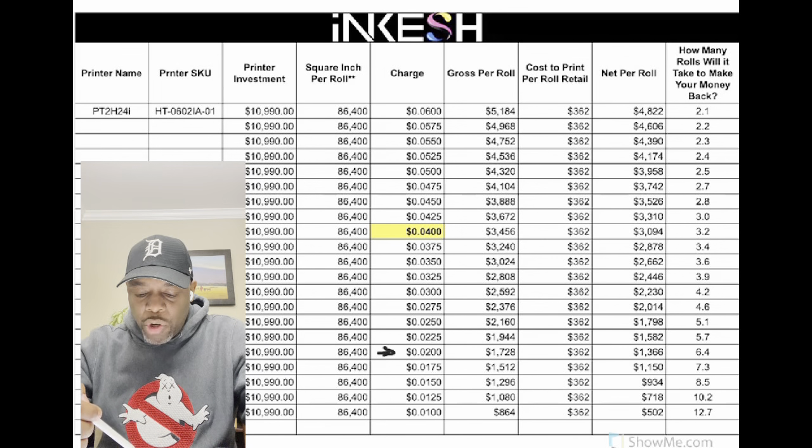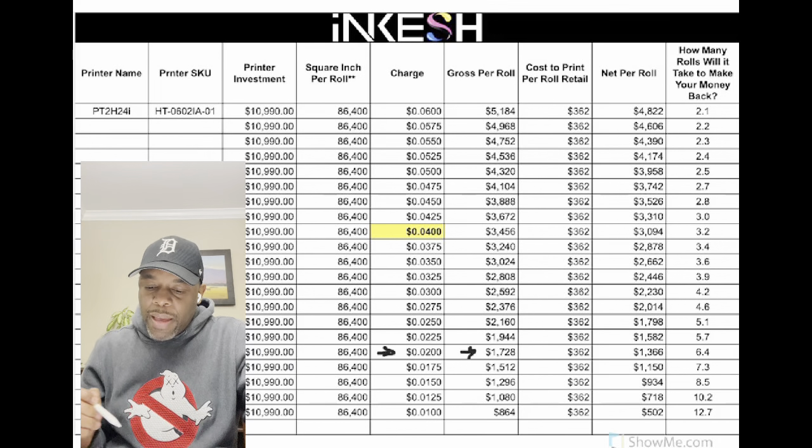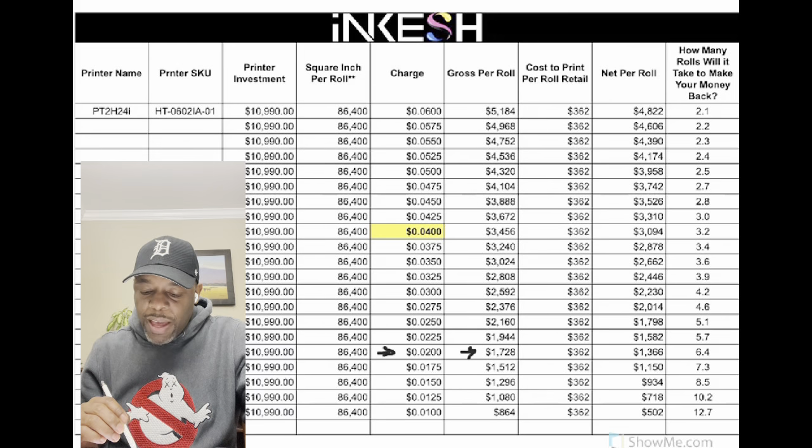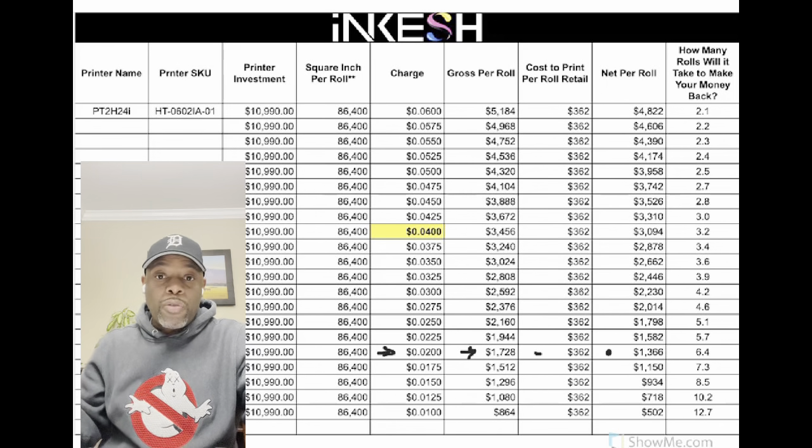If you do that, you're going to be making $1,728 per roll. See this here? That means when you have your $1,728, you want to subtract your cost of goods, right? So your cost of goods is $362. That's going to leave you with $1,366 as far as worth of profits.